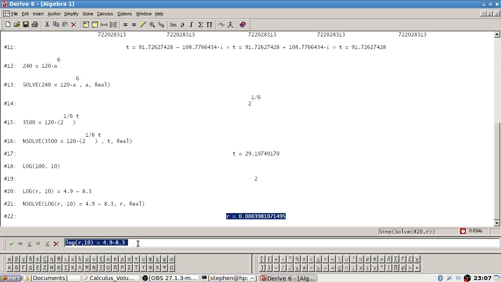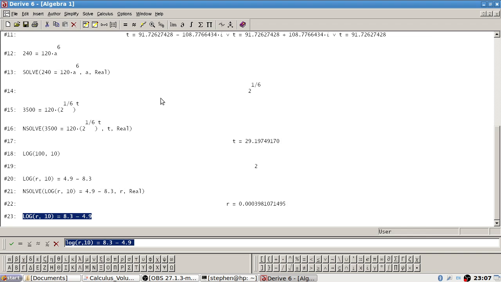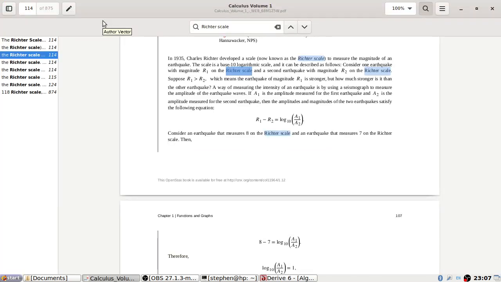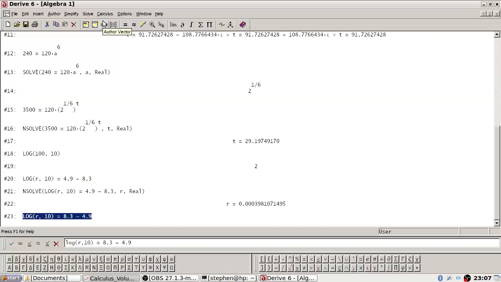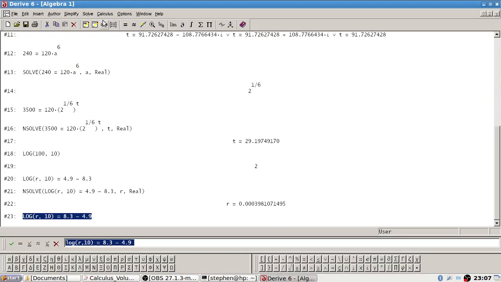Did I type it in backwards? Apologies. Okay. Why did I do that? I must have thought R2 was the stronger one.